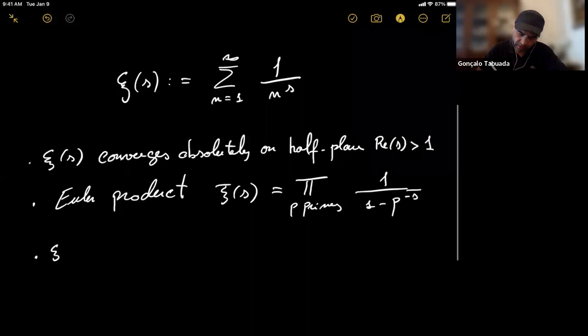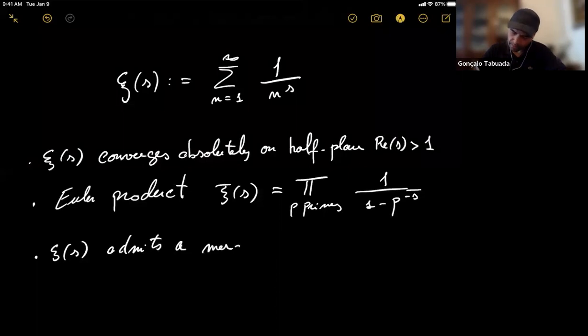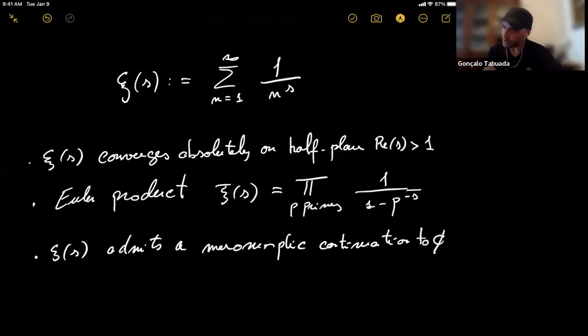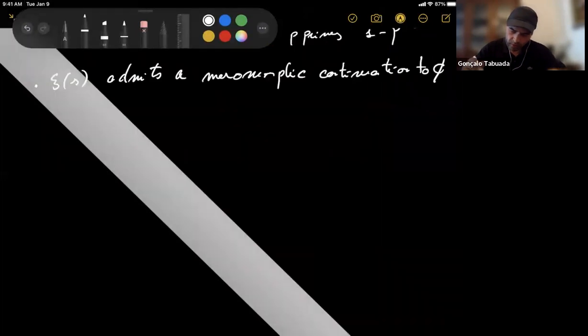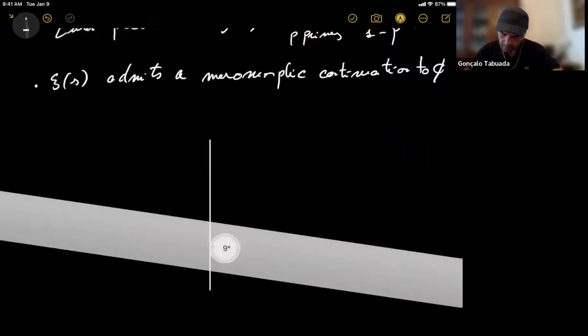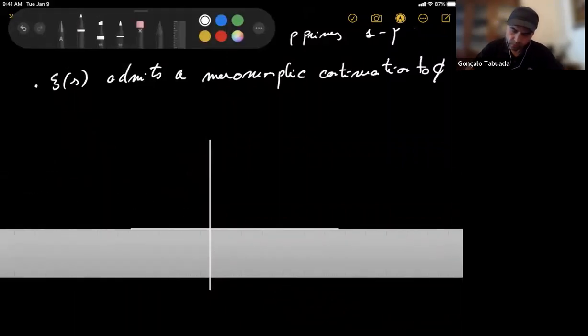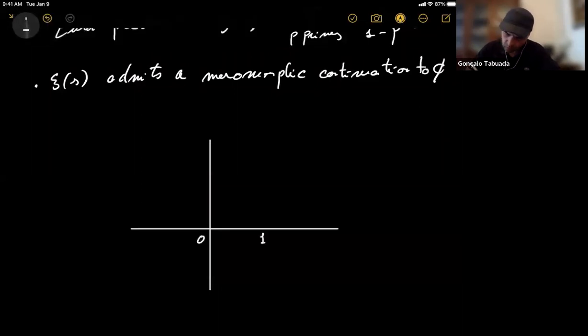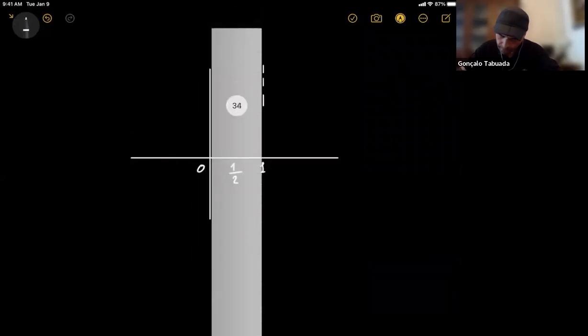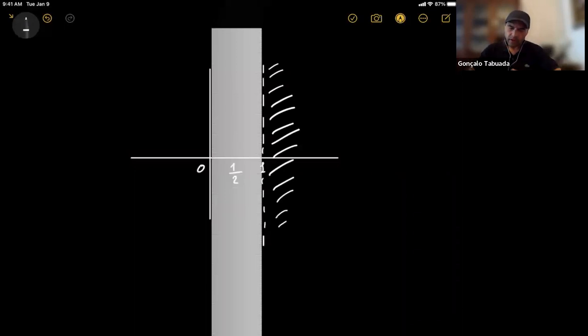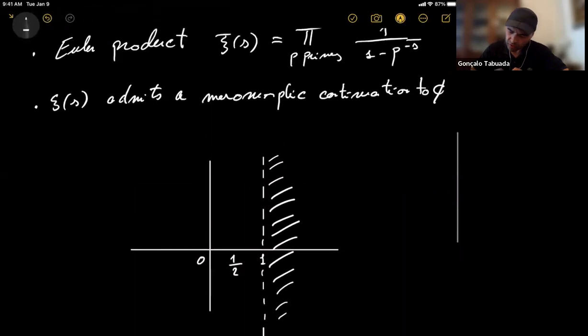Moreover, this function, which is well defined in this half plane, actually admits a meromorphic continuation to the entire complex plane. So we have the following picture, with the points 0, 1, and 1 over 2. The function is well defined in this half plane, and it admits a meromorphic continuation to the entire plane.